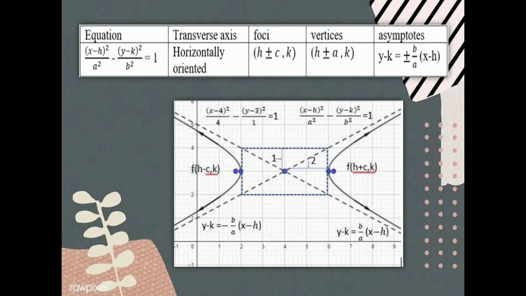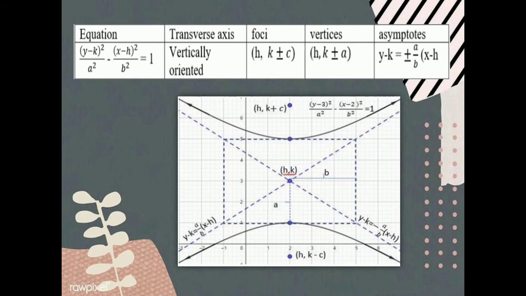The coordinates of the vertices are (h plus or minus a, k). The coordinates of the co-vertices are (h, k plus or minus b). And the equation of the asymptotes is y minus k equals plus or minus b over a times the quantity x minus h. And this is an example of the graph of the equation.